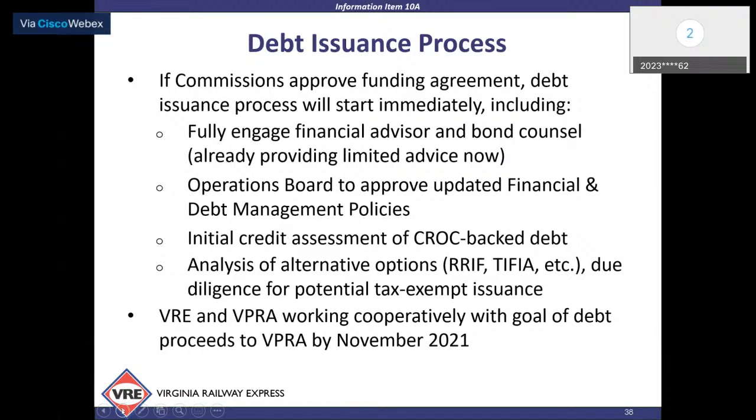Those can take a while. If we do go the commission issued route, we might have the potential for bond validation. Again, we are committing to the Commonwealth that we will work quickly and cooperatively with them on this, but it will be a big lift.